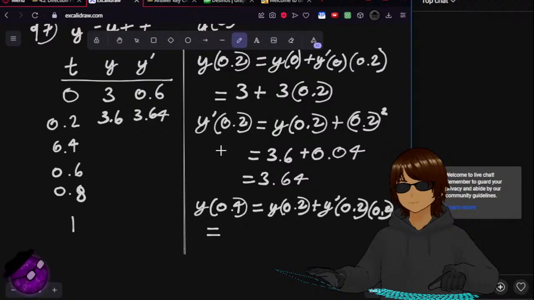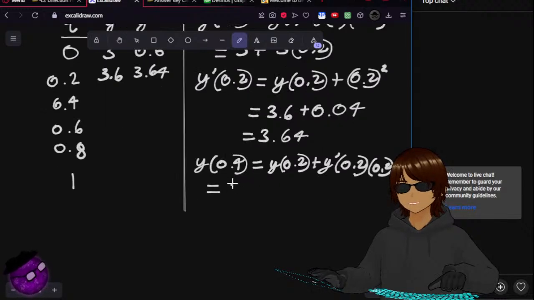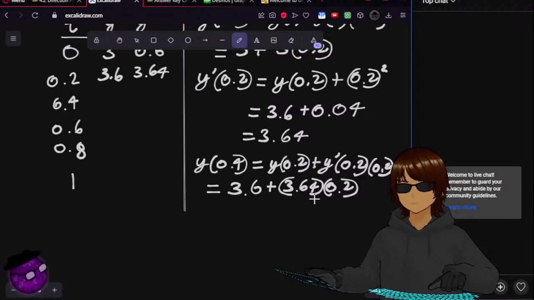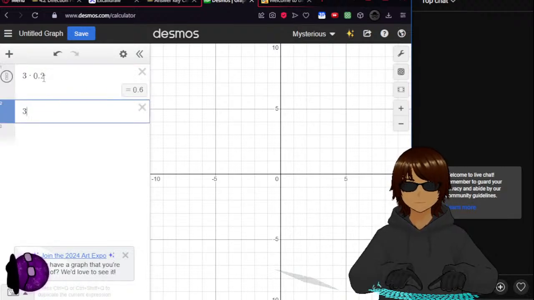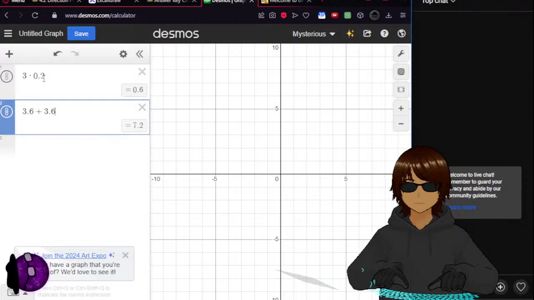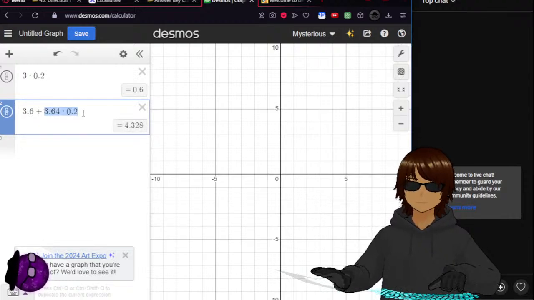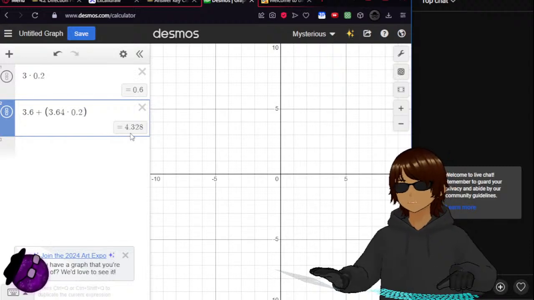This is equal to 3.6 plus 3.64 times 0.2, which is 4.328.